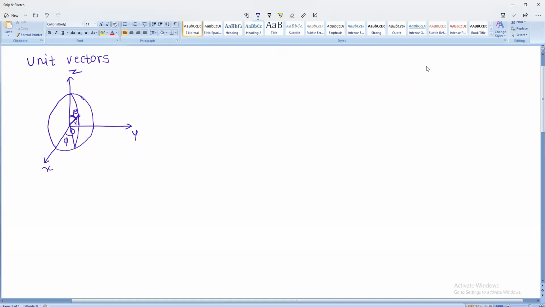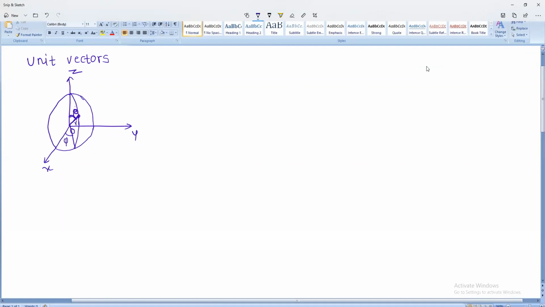Now theta is the angle with the z-axis, the positive z-axis. And here we have phi, the angle from the x-axis. So you get in space the point P having coordinates r, theta and phi.